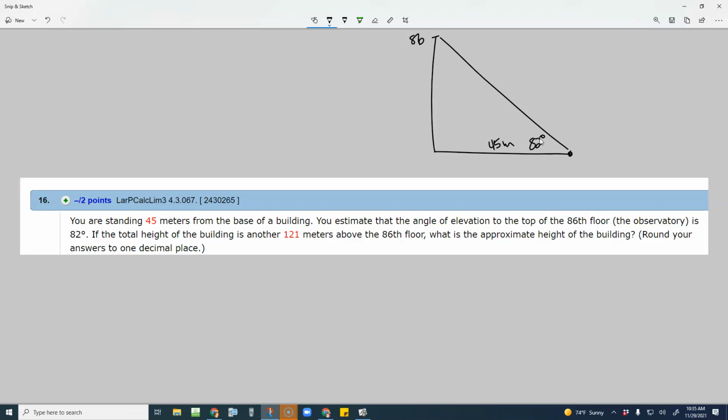If the total height of the building is another, oh, struggle bus. Well, hold on. I did not leave room for that. We have to make the 86th floor be a little bit lower. This is not to scale, but in geometry we learn never trust the picture anyway, right? 82 degrees, 86th floor. The height of the building is another 121 meters above.